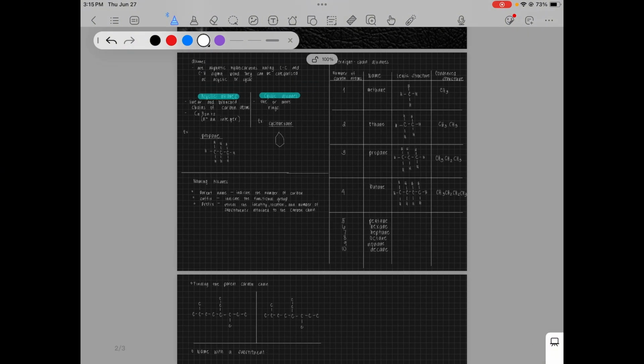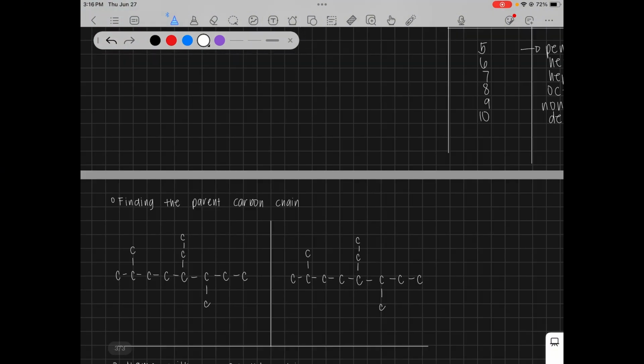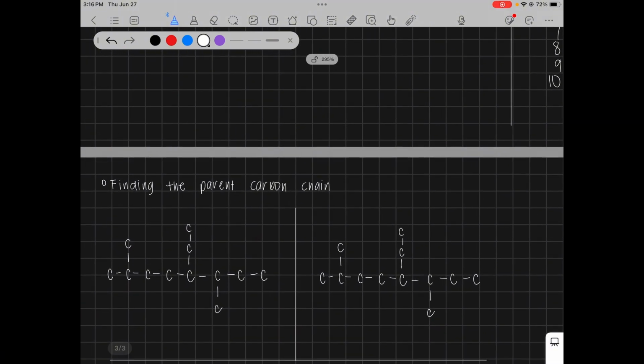So, yeah, that's it. In naming alkanes with substituents, it is necessary for you to know how to find the parent carbon chain. So in finding the parent carbon chain, you need to locate the longest carbon chain you can find. For instance, we have here this, and this, and this. So there are different ways you can find the parent carbon chain.